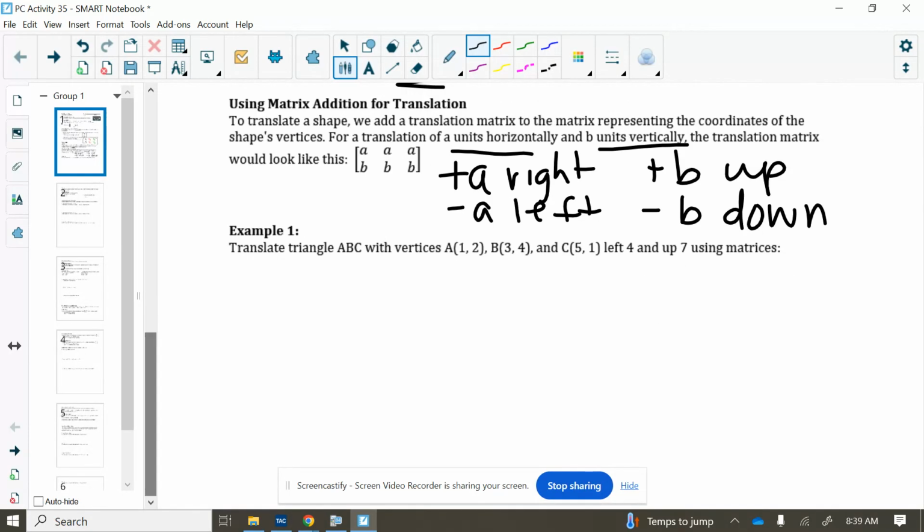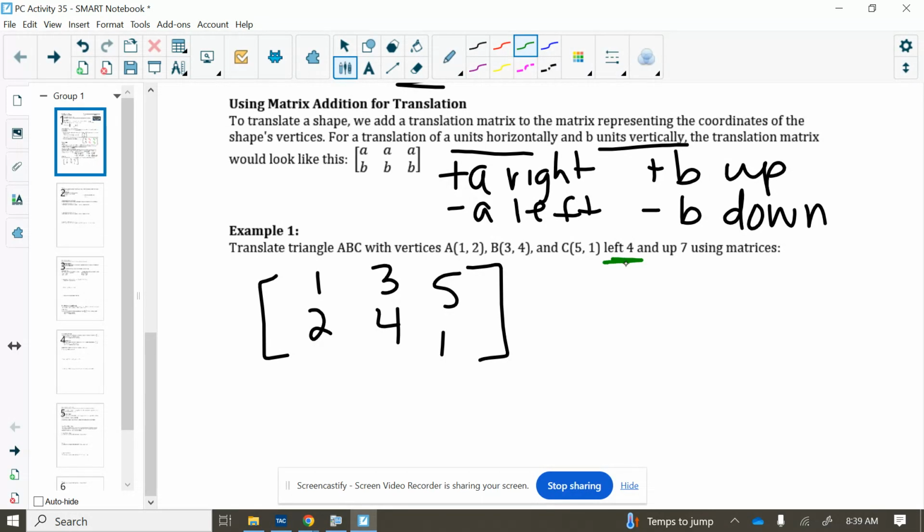So when we have our first triangle, ABC, again, we saw up above we can stack A, B, and C as our column matrix, and then in order to show that movement to the left, we would be adding onto it a negative a value, so left 4 would be represented by a -4 for each of these, and then the up 7, we'd be adding on 7.